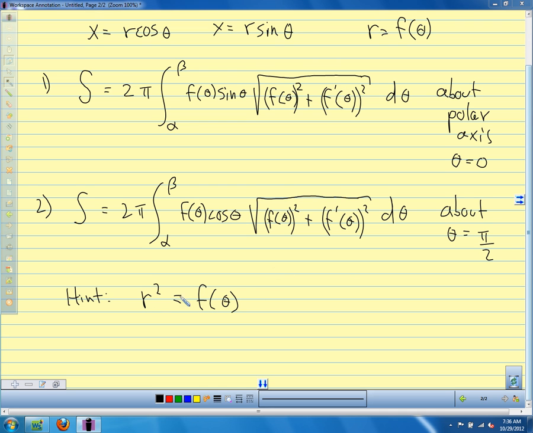If we have this kind of expression and we want to find dr d theta squared, use implicit differentiation.